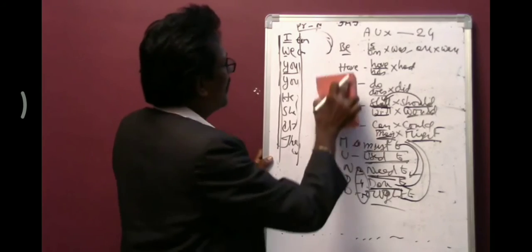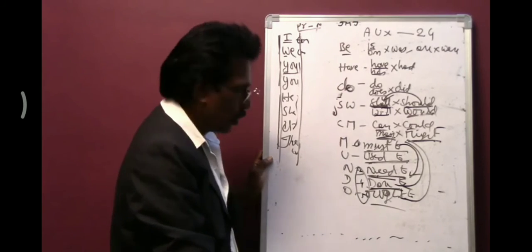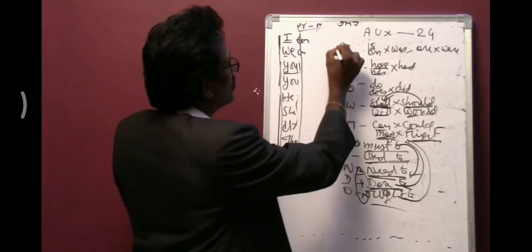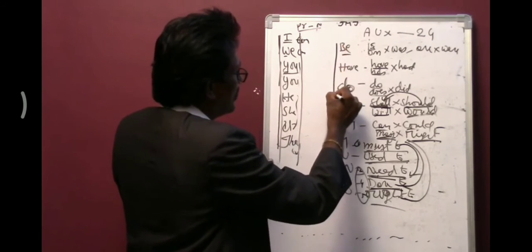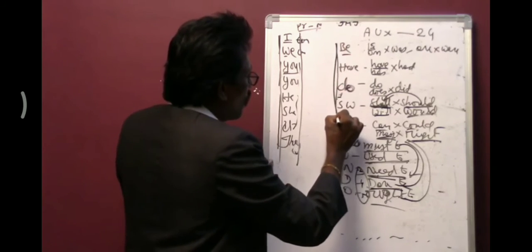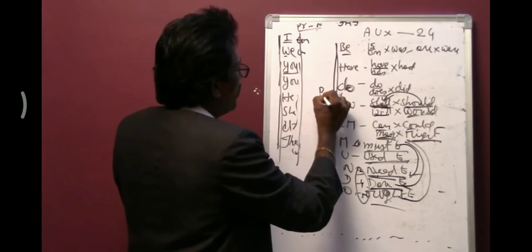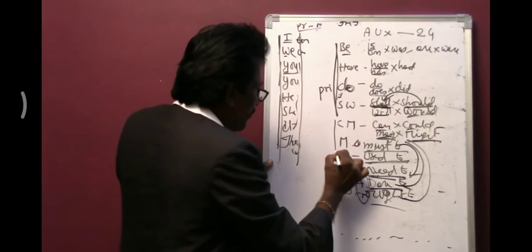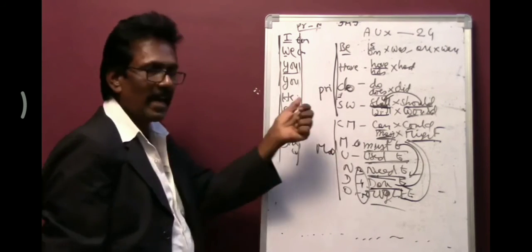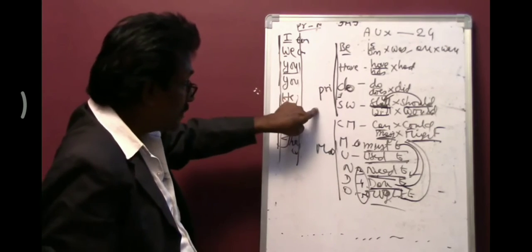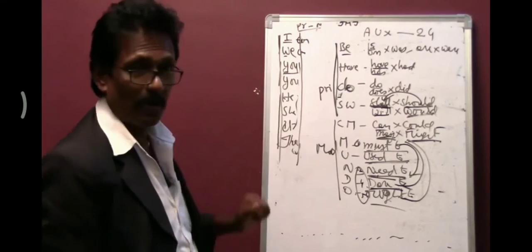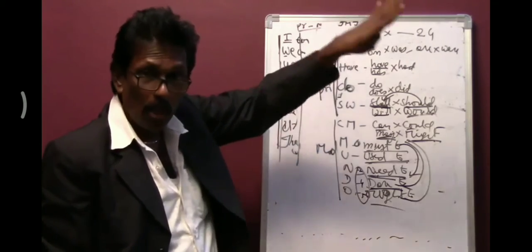And auxiliaries are divided into two groups: prime auxiliaries and modal auxiliaries. So these first four are called prime auxiliaries, and the remaining are called modal auxiliaries. Why are they called prime auxiliaries? These prime auxiliaries suit only some of the pronouns. They will not suit all the pronouns.